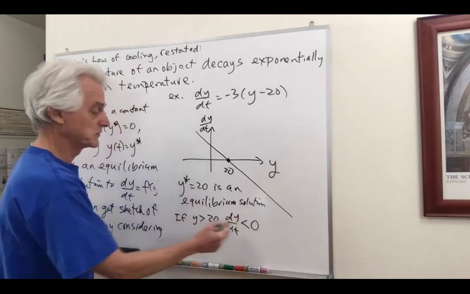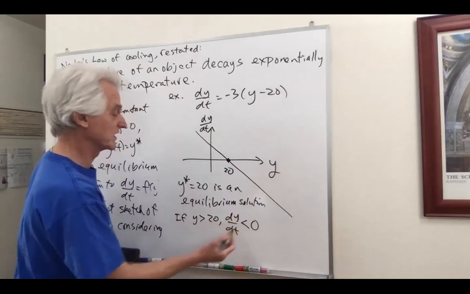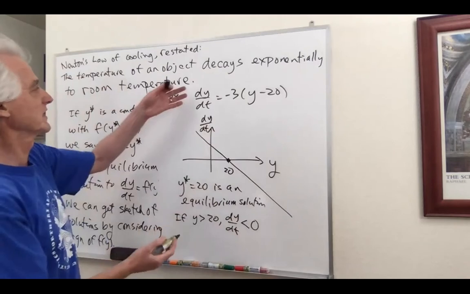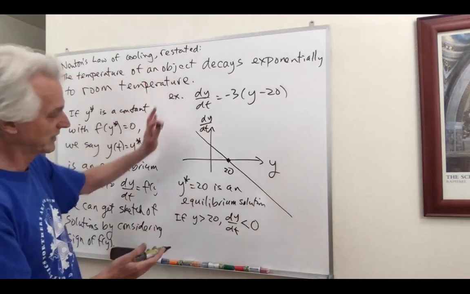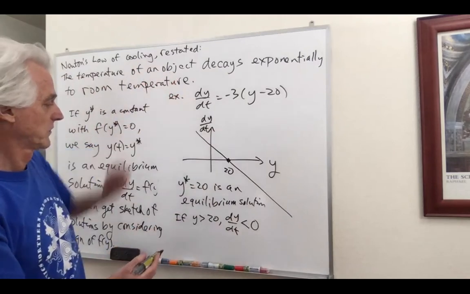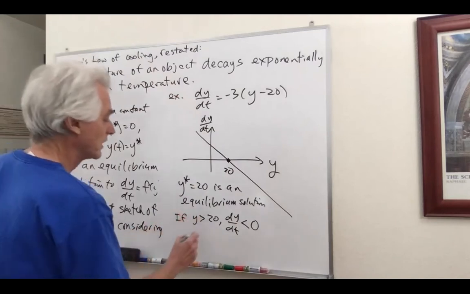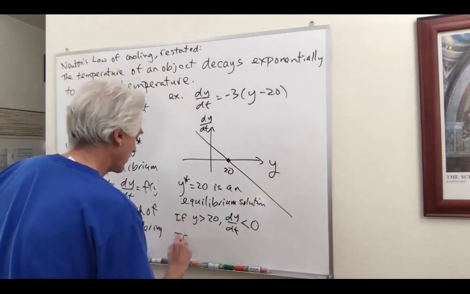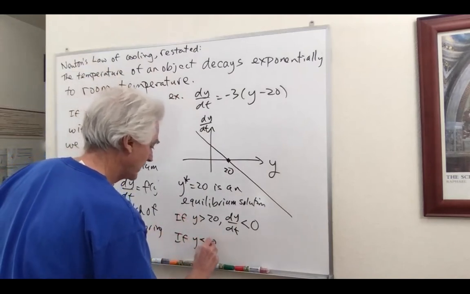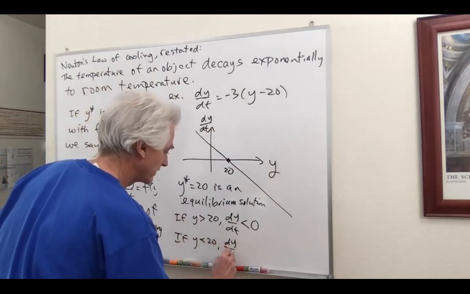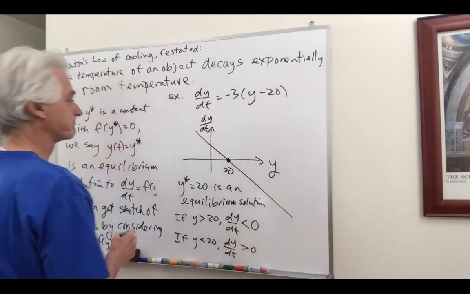We knew that so the object is cooling down. Well, I guess we don't really know what the interpretation of this is, but okay. And if y is less than 20, then dy dt is positive.